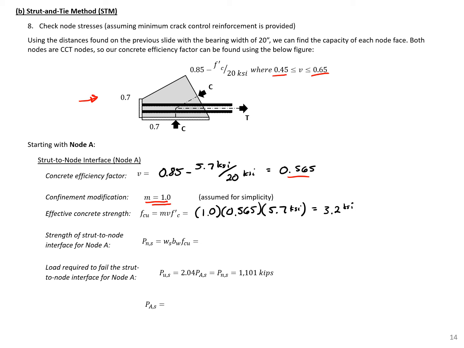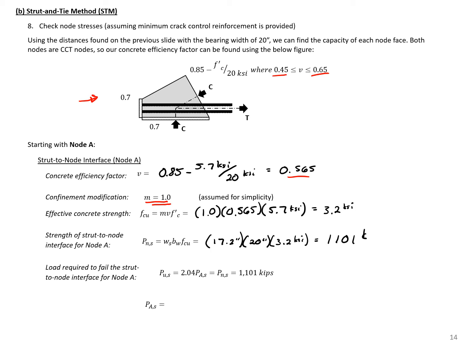So we'll have 17.2 inches times 20 inches, our bearing width, times 3.2 KSI, which will give us a strength to node interface capacity for node A equal to 1,102 kips. Or sorry, 1,101 kips.